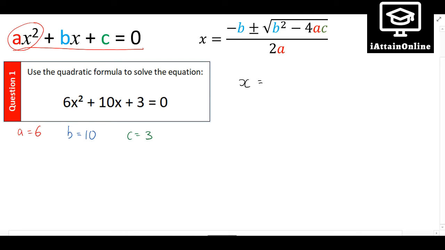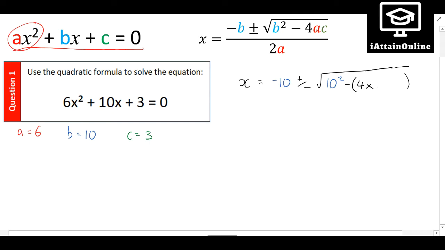So x equals negative b. Well, if b is 10, negative b would be negative 10, plus or minus the square root of 10 squared, because that's our b. Take away, I always suggest that you put this next bit in brackets. The reason for that will become apparent later on.